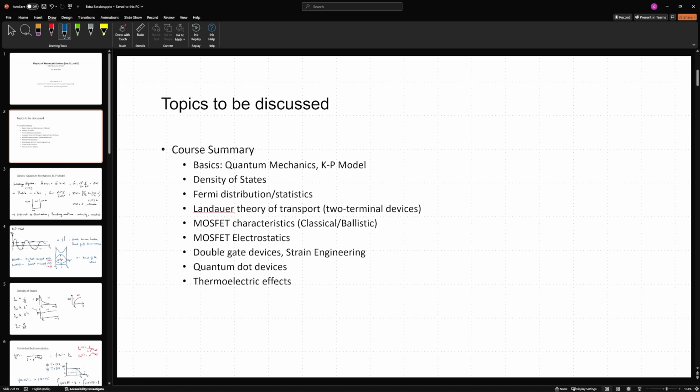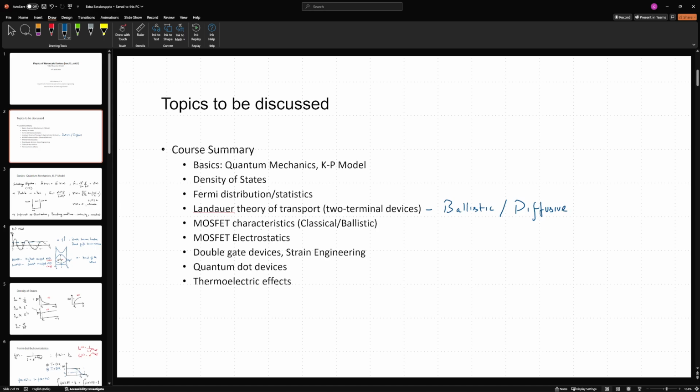We shall be looking at the topics in the following order. First the basics, which is the quantum mechanics intro and the Kronig-Penney model. Then we shall spend some time on density of states, Fermi distribution, and then the Landauer theory of transport for two-terminal devices, where we shall consider ballistic and diffusive transport.